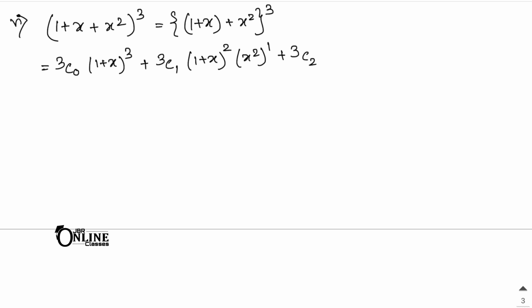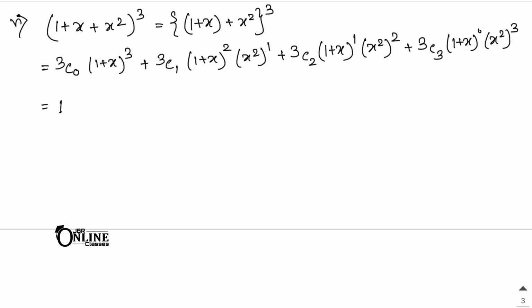Next 3c2, 1 plus x whole to the power 1 and x square to the power 2. And the last one 3c3, 1 plus x whole to the power 0 and here x square to the power cube. It's very easy.